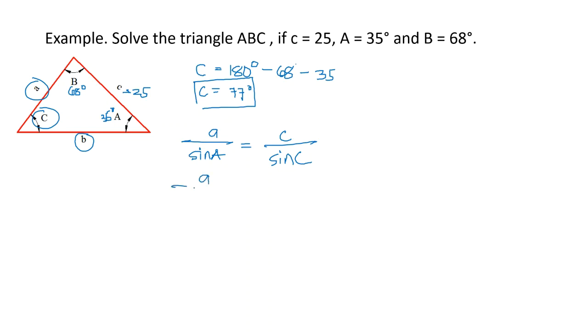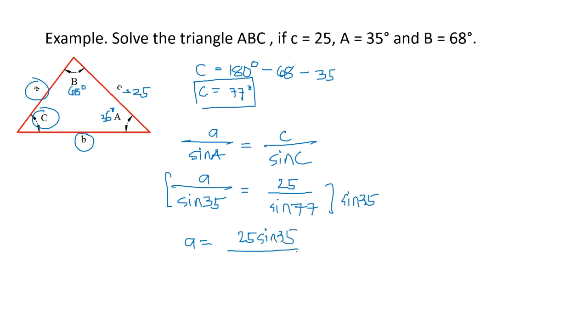So we have A over sine 35 is equivalent to 25 over sine 77. Multiply both sides by sine 35. So A is equivalent to 25 sine 35 over sine 77.